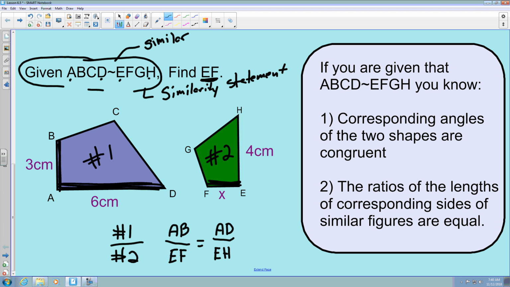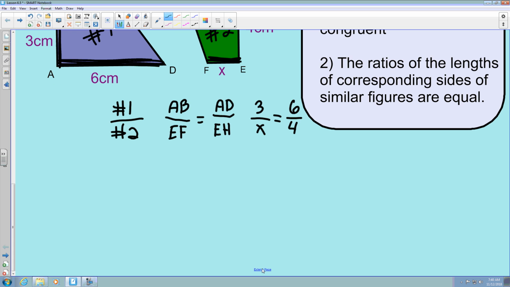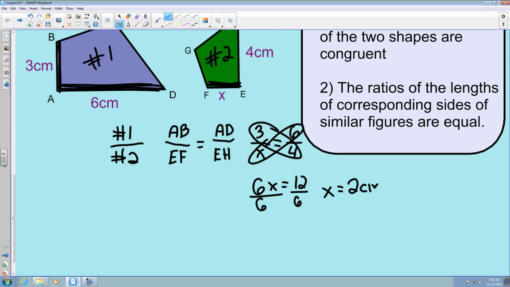If it has a variable, put in the variable. So in this case, it's 3 over x equals 6 over 4. And then we just do cross products. So it becomes 6x equals 12. In order to solve for x, I must divide by 6. So x equals 2, and it was centimeters.